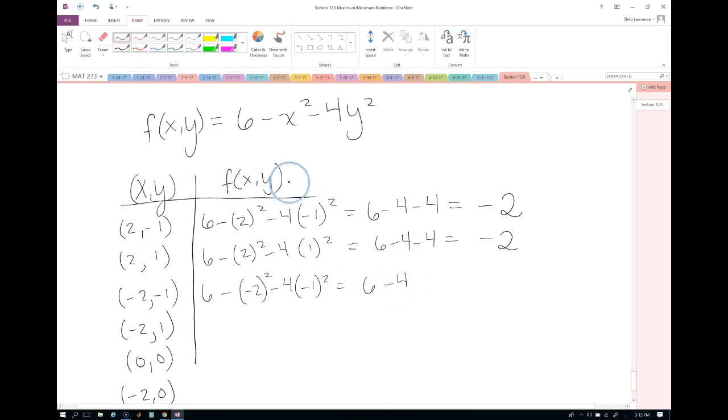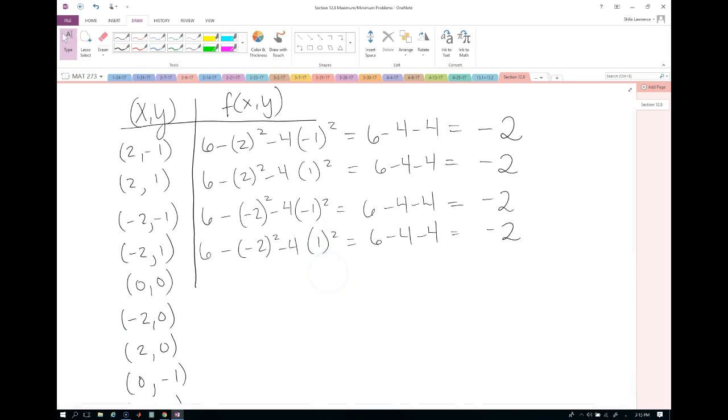This is again 6 minus 4 minus 4, which is -2. So all of the corners have a functional value, or a z-value, of -2.